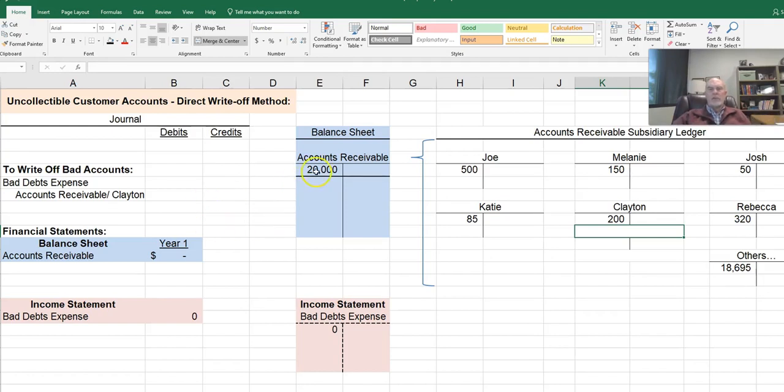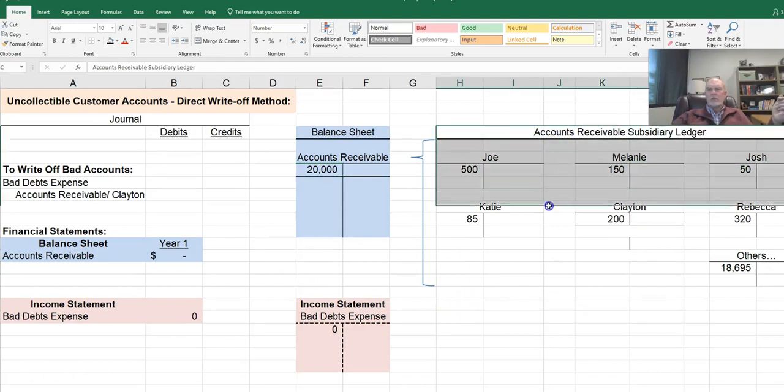For example, let's say we have $20,000 of accounts receivable in total. Now we know that doesn't represent just one big customer. It represents a whole bunch of individual customer accounts that are added together. Well, we're going to keep up with all those individual customer accounts in what's called the accounts receivable subsidiary ledger.